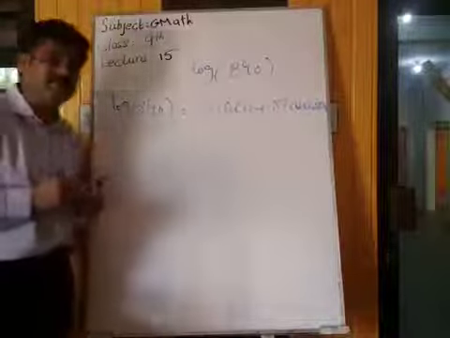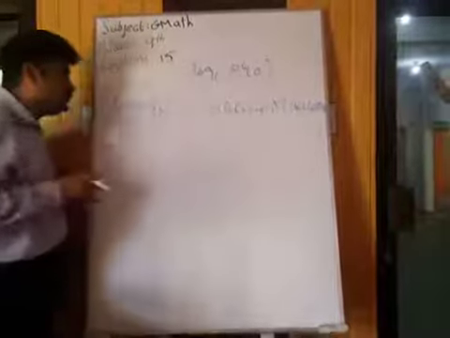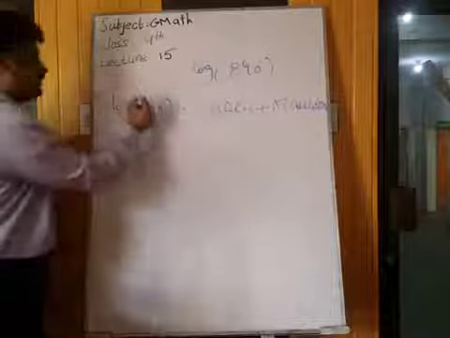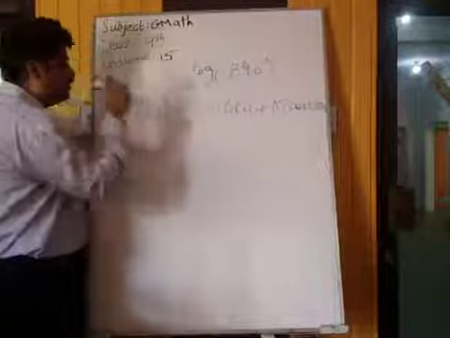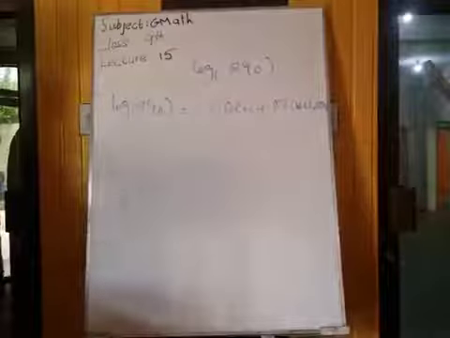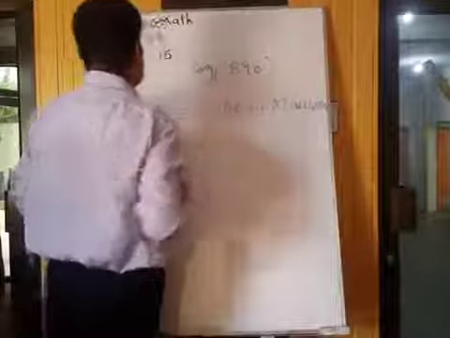What is the characteristic? The characteristic is the number of digits between the point of reference and the decimal point. Where is the point of reference? The point of reference always starts from the left side after leaving the first non-zero digit, which is 8. We put this sign here, and this sign indicates the point of reference. Its decimal point will be at the end. Now there are 2 digits between the point of reference and the decimal point. Its characteristic will be 2, plus the mantissa.